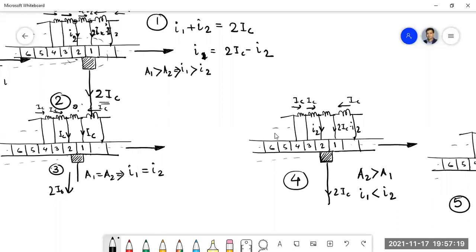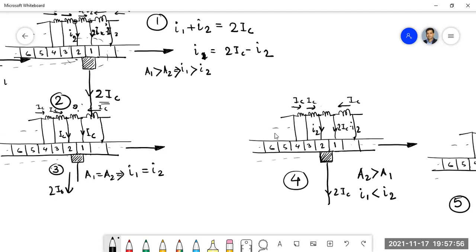Tell me, the current going through this coil, is it zero here also or will it be a different value? Sir, if at the left side we apply KCL, then it will be IC minus I2. And if on the right side we apply it, then it will be IC minus 2IC minus I. In the left side, it will be IC minus I2.